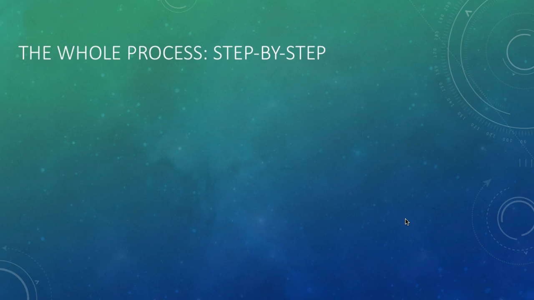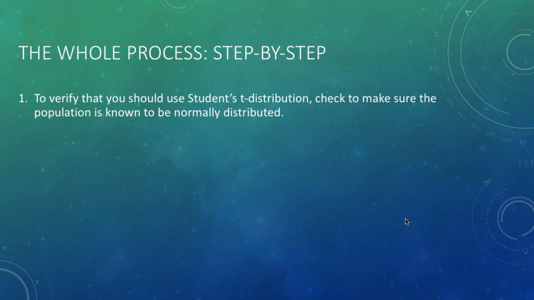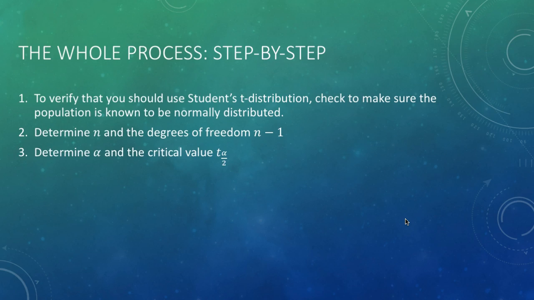The whole process of getting your confidence interval is similar to what we did last time. Instead of verifying the normal distribution, you're verifying the student's t-distribution. To do that, you just need to know that the original population is known to be normally distributed or symmetric. You want to figure out your sample size and then write off to the side your degrees of freedom by subtracting 1.